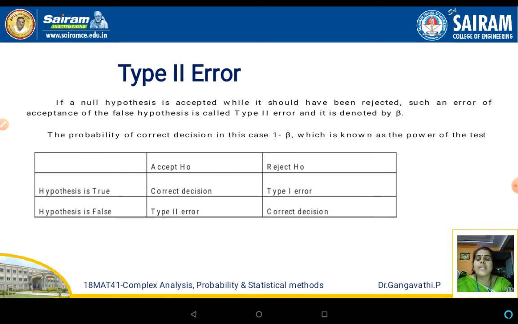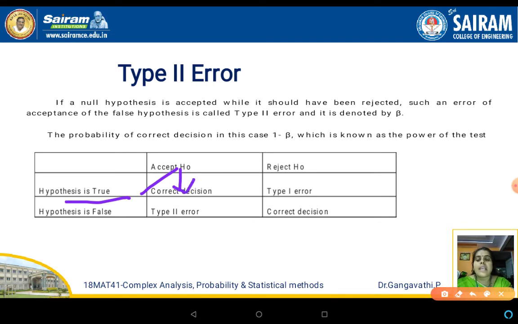And here, understand this table. There are two cases: the hypothesis is true and the hypothesis is false, with acceptance of H0 and rejection of H0. What is H0 here? The null hypothesis. So you have to understand it like this. If the hypothesis is true and it has been accepted, then it is the correct decision.